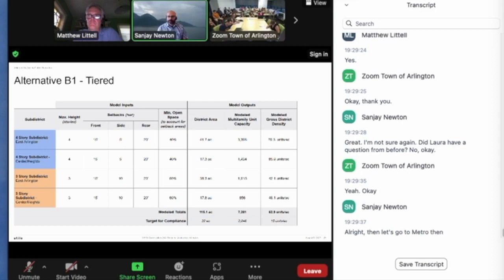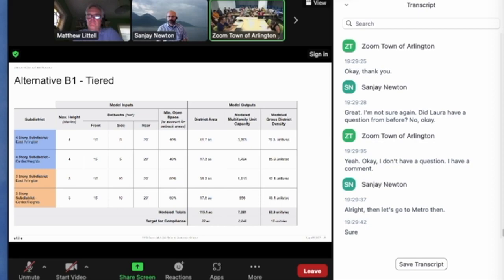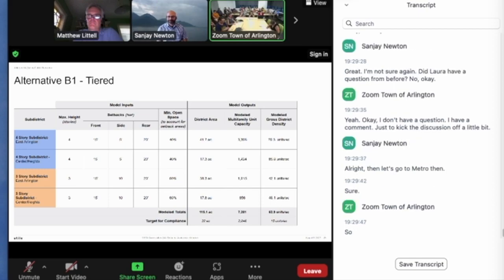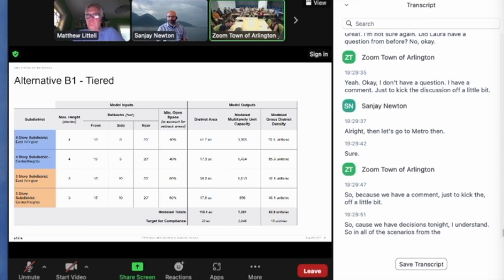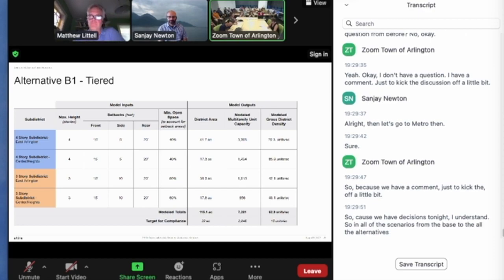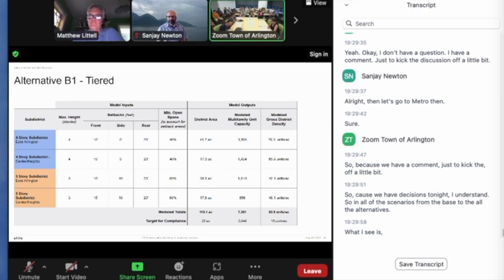Okay, I don't have a question. I have a comment, just to kick the discussion off a little bit, because we have to make some decisions tonight, I understand. So in all of the scenarios, from the base to all the alternatives, what I see is too great a concentration on East Arlington.